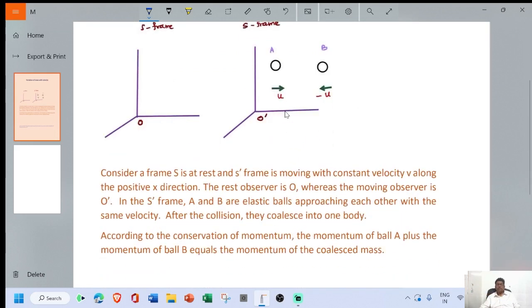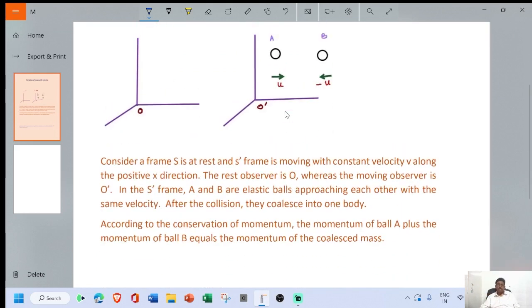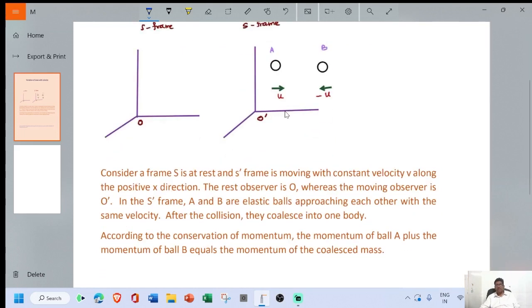To derive an expression for the variation of mass with velocity, consider two frames S and S dash. The frame S is at rest. S dash is moving with the constant velocity v along the positive x direction alone. There is no relative motion along y and z direction. O is the rest observer, O dash is the moving observer.